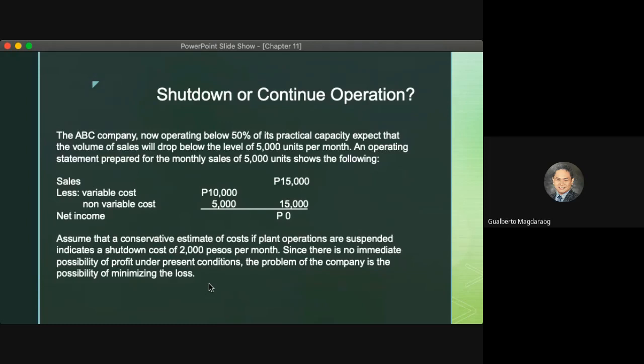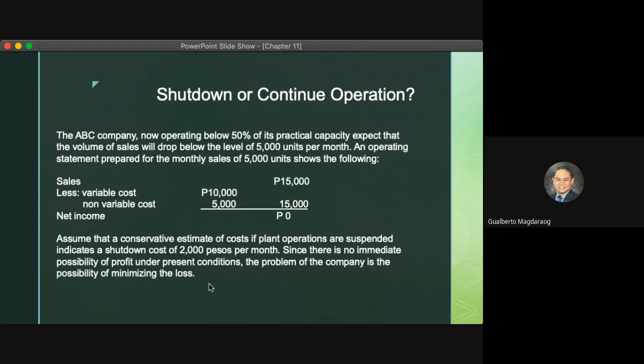So, if the demand is still more than 3,000 units, pero less than 5,000, kasi yung 5,000 yung break-even natin eh, operation loss will be lesser than shutdown loss, and therefore the company can continue operation. Pero kung below 3,000 na, ay hindi na. The company should discontinue operation simply because mas malaki na yung may incur mong loss doon.